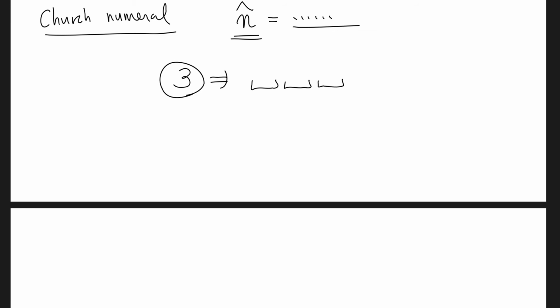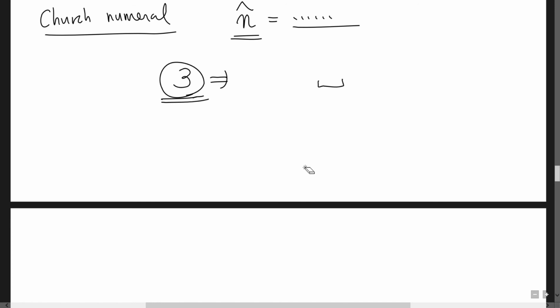And in the realm of lambda calculus, the only thing that you can actually count is, if you think about the way that lambda calculus is defined, the only thing that we can count is actually function applications. Then there's nothing else. So then this natural number 3 is going to be encoded as a function which takes another function f and then returns the composition of the function f 3 times.